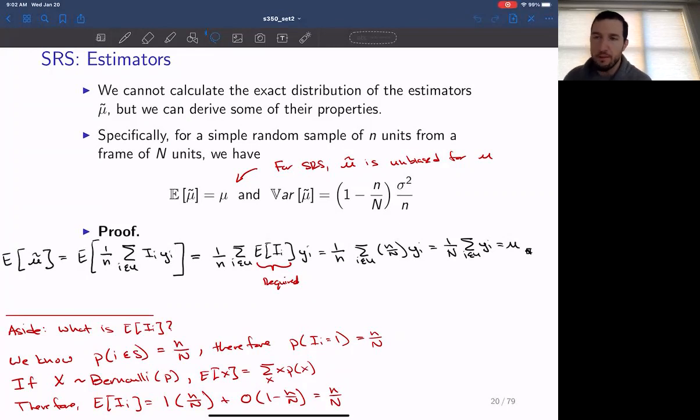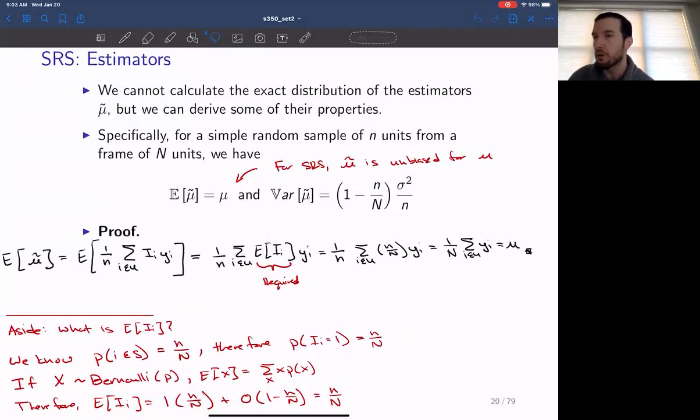For the most part, this is a pretty straightforward proof. What might change the structure of this proof from expected value proofs you have seen before is that we are considering the yi to be constants, but we are considering the capital I subscript i, that indicator, to be the random variable.